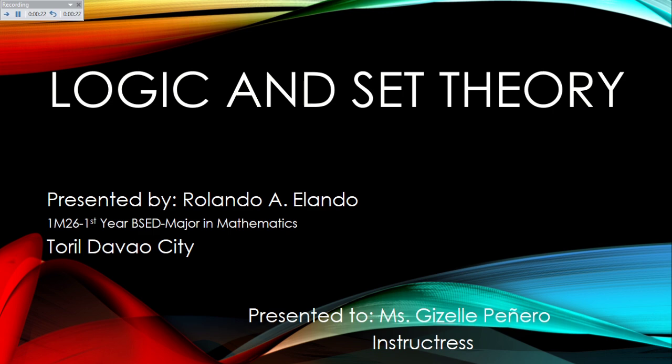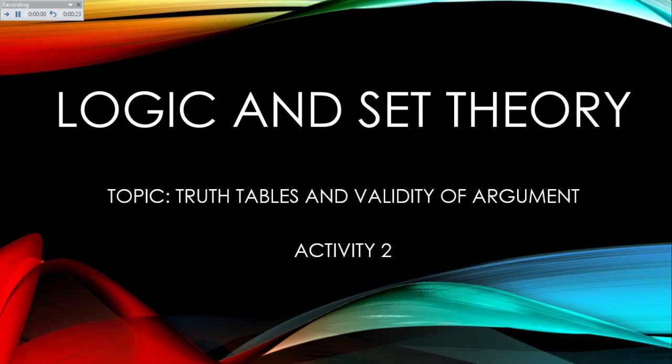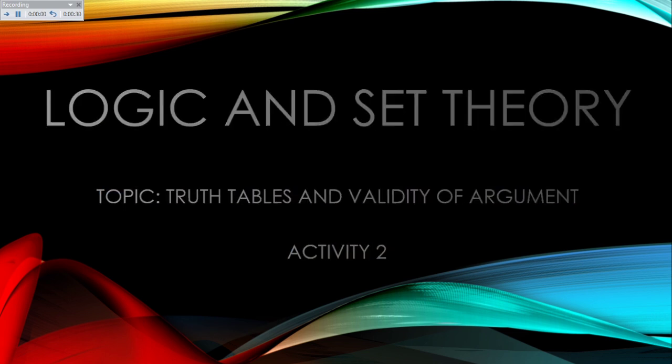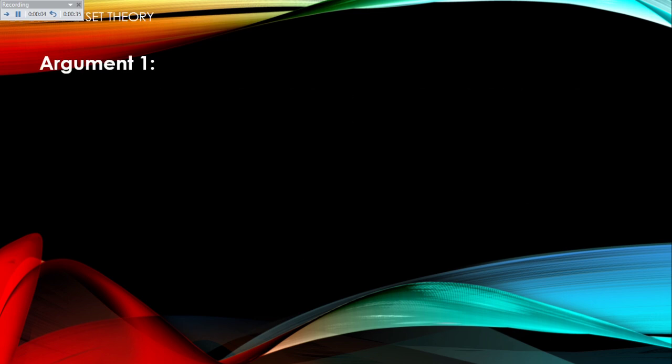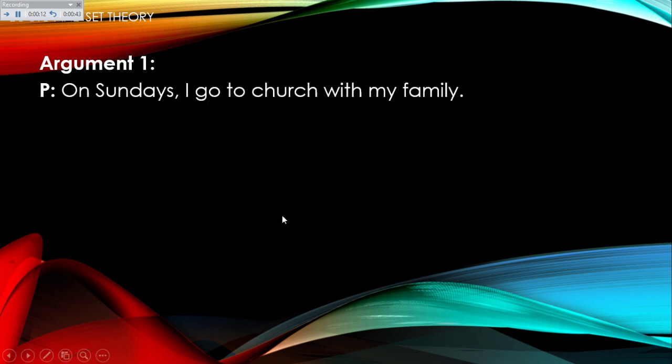Here is our topic today from logic and set theory: truth tables and validity of arguments, Activity 2. Argument 1. We construct an argument using logic. First, P: on Sundays I go to church with my family.